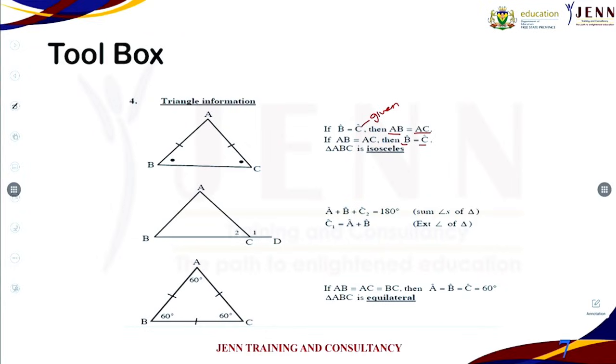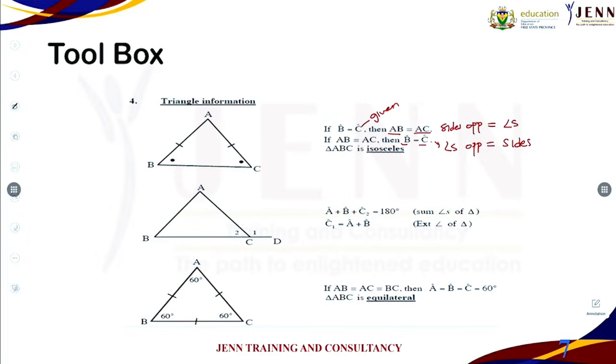Reason: sides opposite equal angles. Or alternatively, you are given AB equal to AC. So if AB is equal to AC, therefore angle B is equal to angle C, and the reason for that will be angles opposite equal sides. So this is your triangle information.